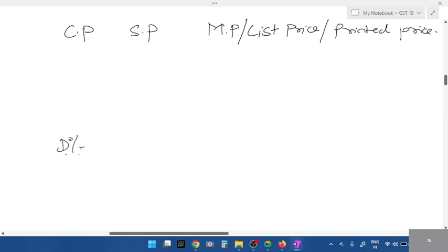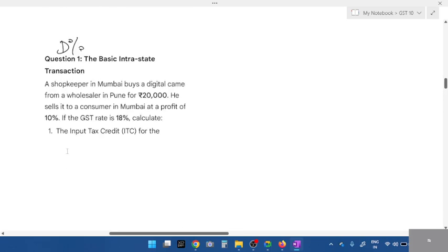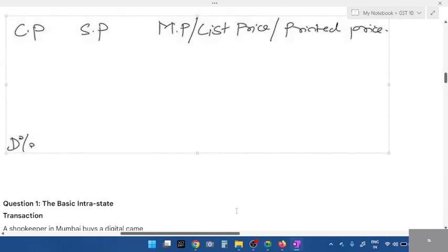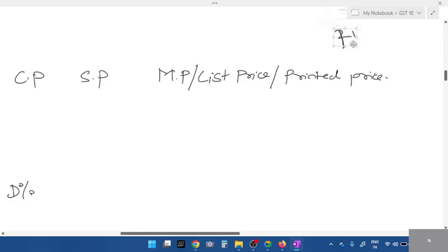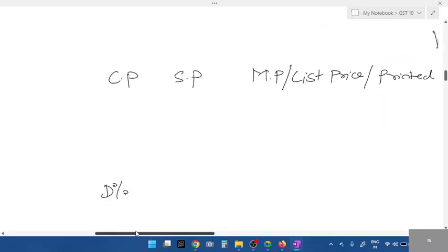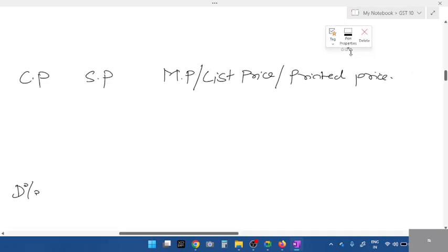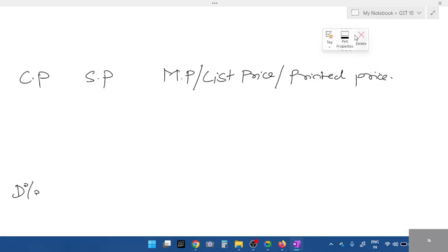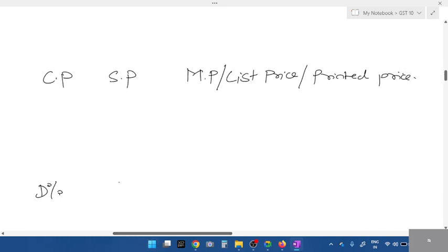Then discount percent. Next one, discount percent, profit percent. Okay, discount percent, profit percent, GST in percentage.